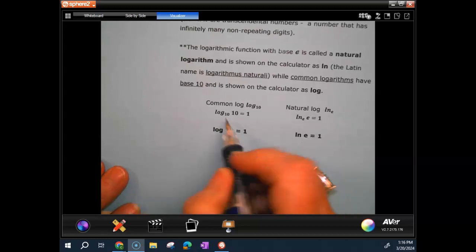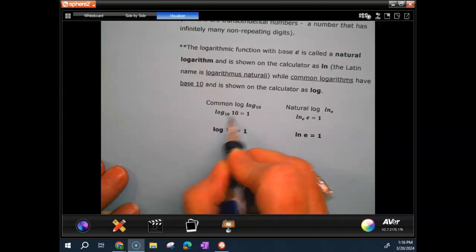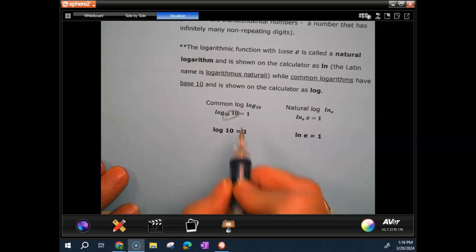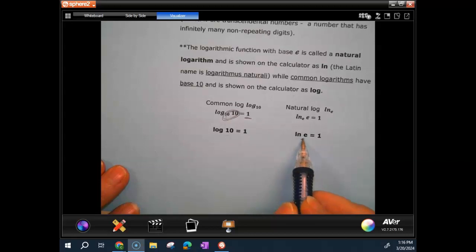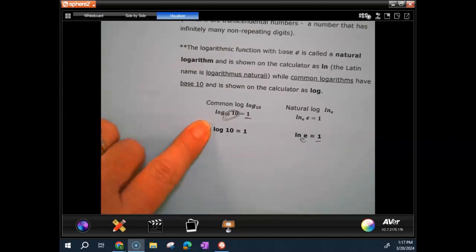Now, I know y'all, log base 10 of 10, these equal 1. Right? They undo each other, right? The base and the log, they undo each other. So if this is the natural log of E to the 1, they undo each other also, and it equals 1, just like the log base 10. Okay?